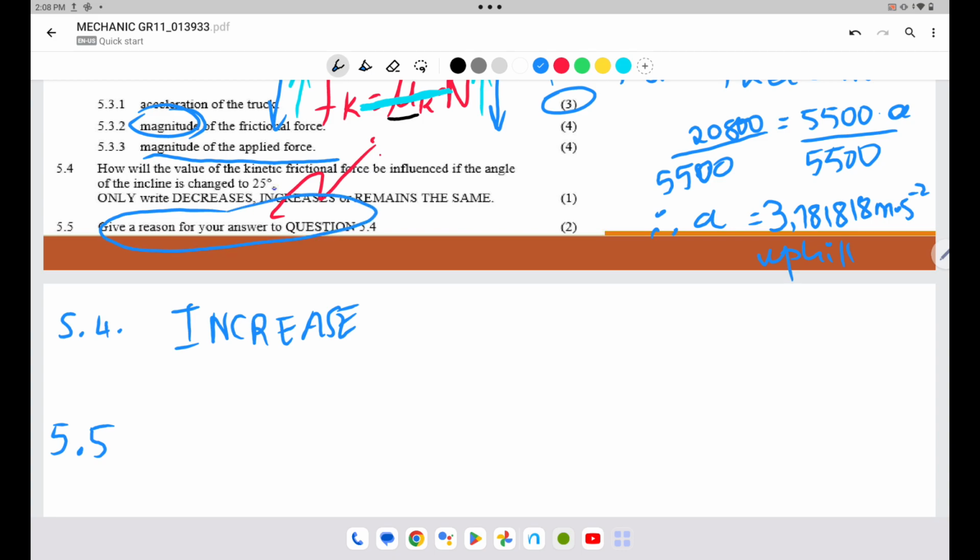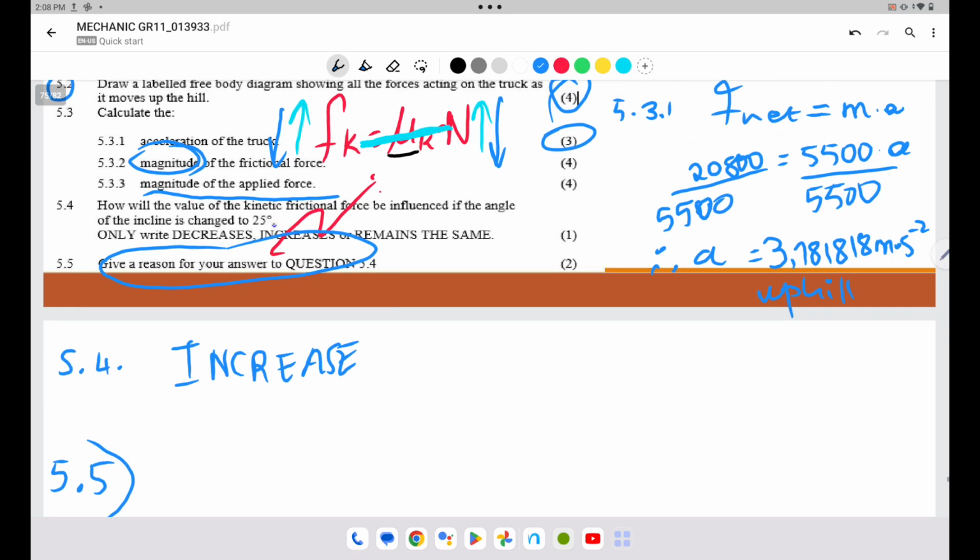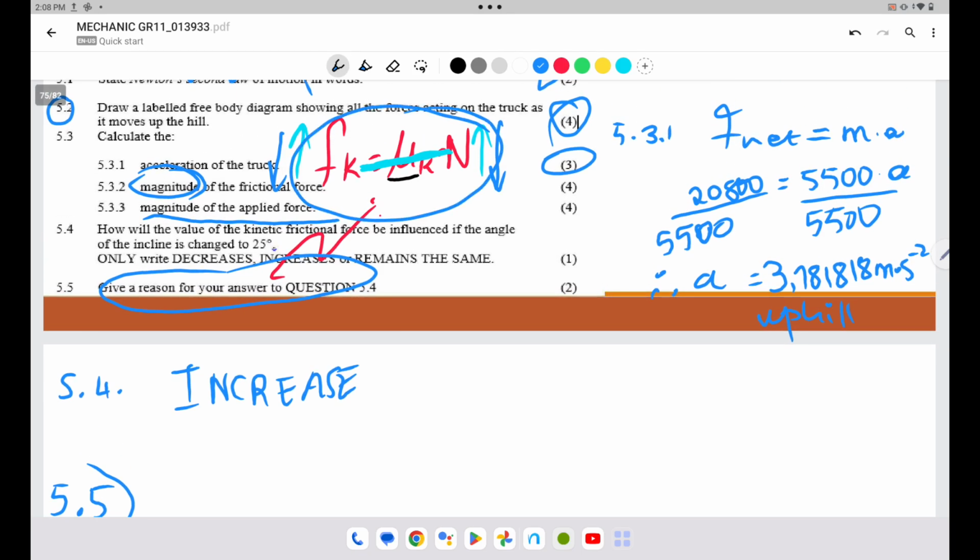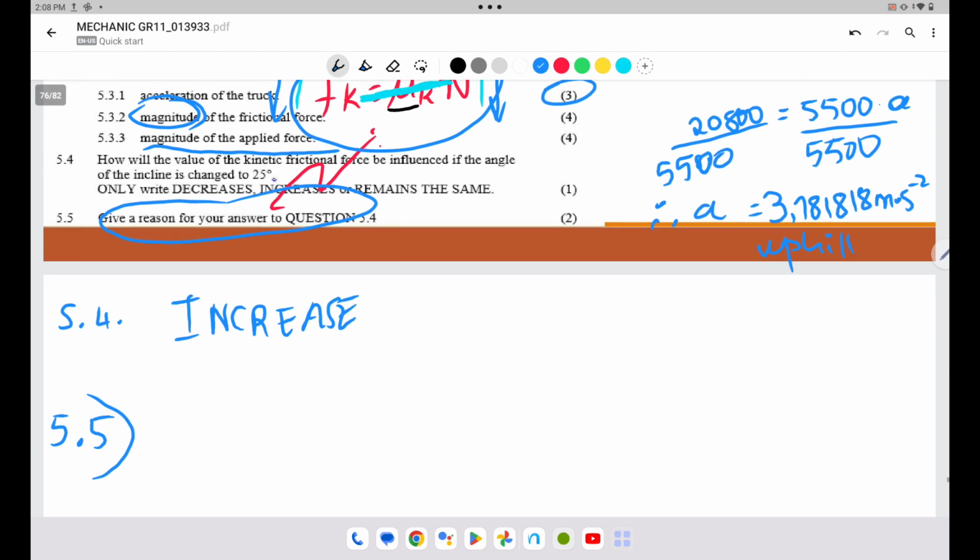When we give reasons in physical sciences, especially in the physics component, we use equations to give our reasons. Which equation are we going to use here? We are going to use the equation that we used to get the answer in 5.4, which was fk is equal to mu k multiplied by normal.